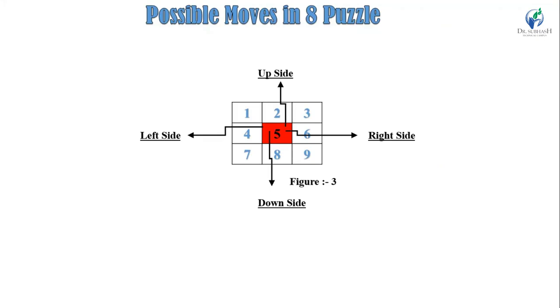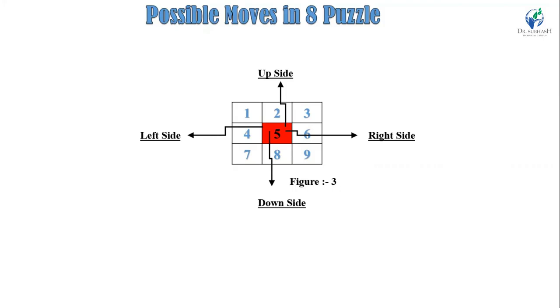Now we find out which technique or method is used to achieve a goal state. We use blind search or uninformed search to solve this problem. Blind search or uninformed search means we can use BFS, breadth first search.